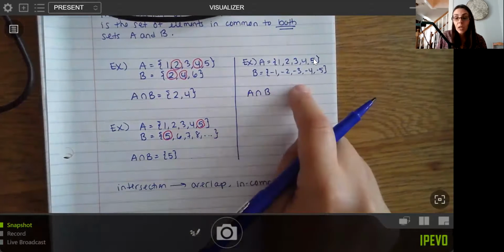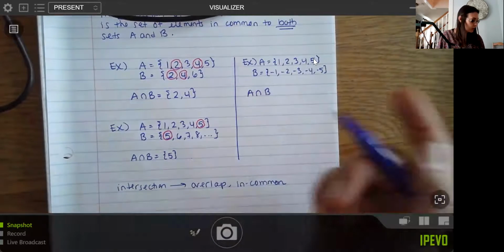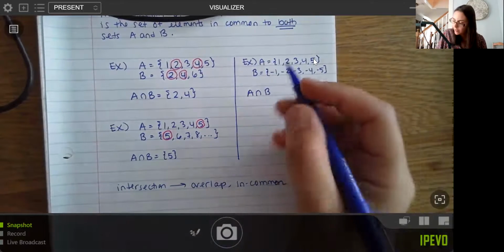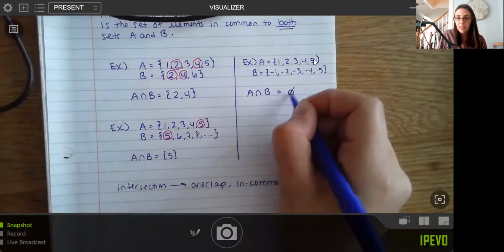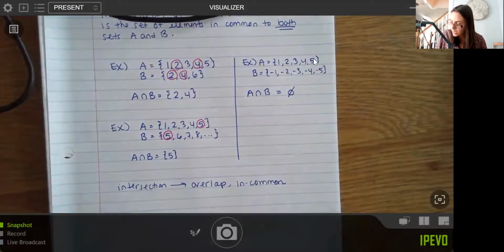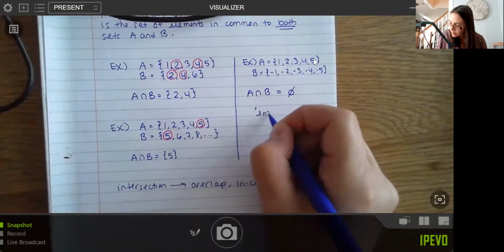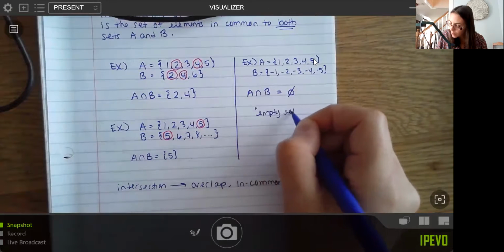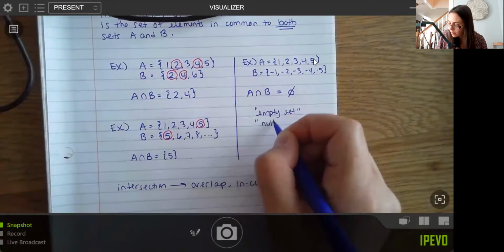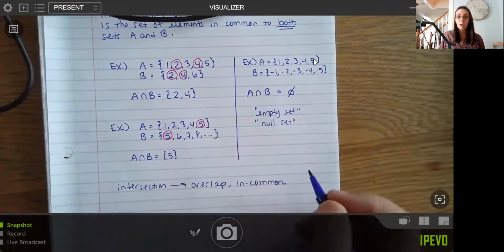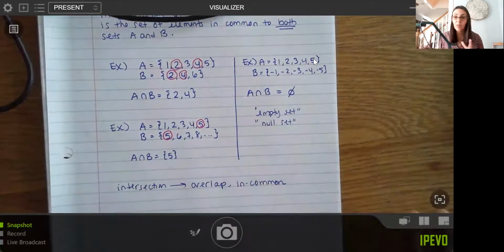There's nothing here. So when there's nothing there, we use a notation called the empty or null set. It looks like a 0 with a line through it. This is called the empty set, or we say the null set. Basically that means there is nothing. It's totally empty. There's nothing in common here.